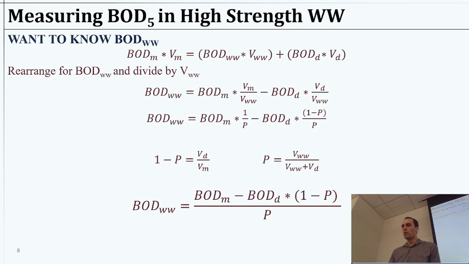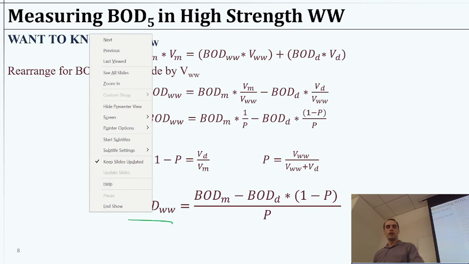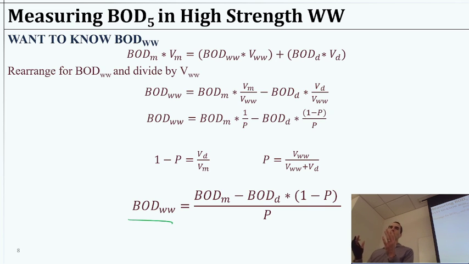Okay, we could rearrange this equation to get an equation just for the BOD of the wastewater, and it's convenient to do so with values of just those experiments and that dilution factor P. I'm going to skip today the derivation here. It's essentially deriving from what we just looked at.